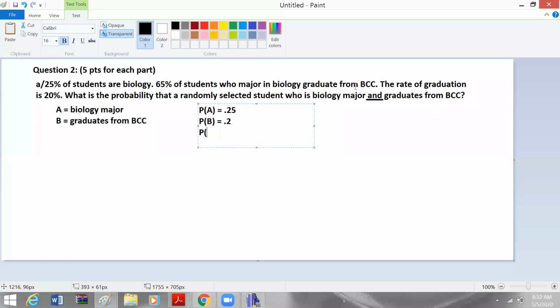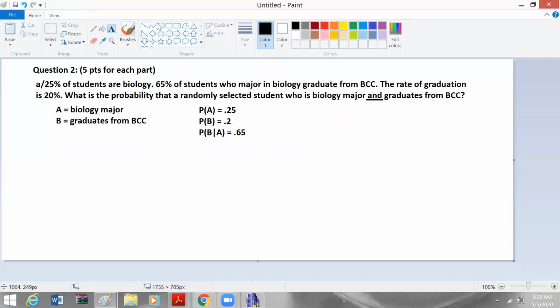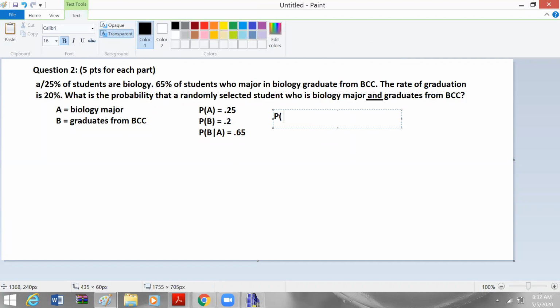The graduation will be the probability of B given A. We are being told that those people actually major in biology. So we write it as P of B given A, and that's going to be 0.65, right?